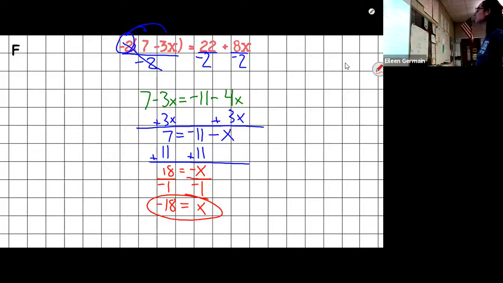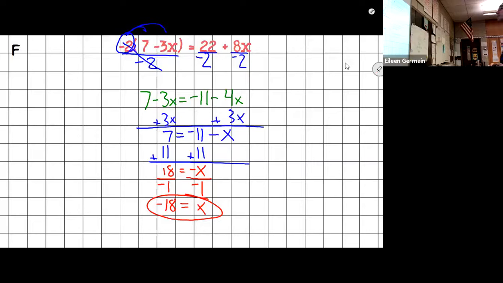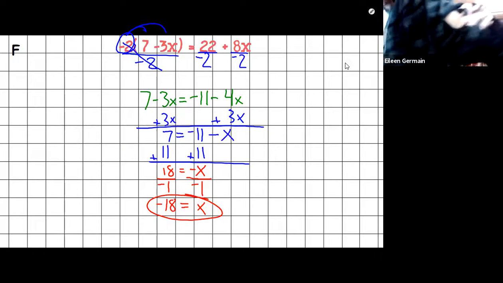Okay. I'm going to give about 5 more seconds, and then I'm going to start to erase. Here we go. Okay, I won't erase. I'll wait another minute. Okay, I'm going to give about another 10 more seconds.